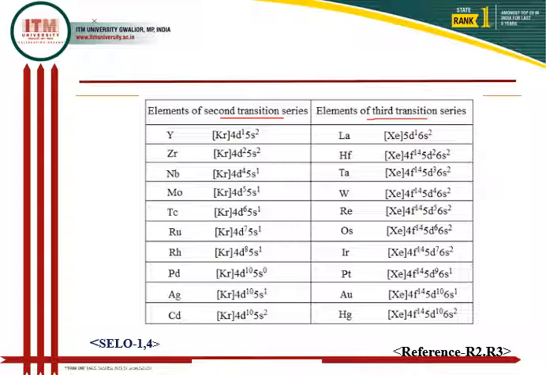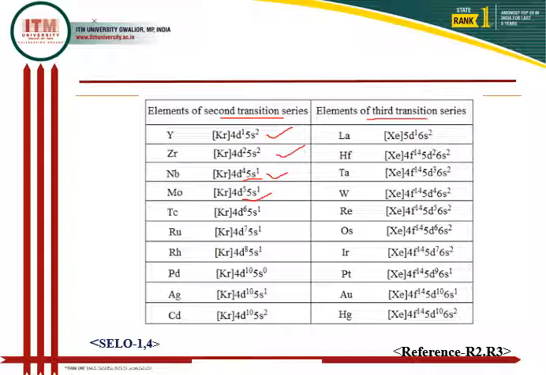Yttrium has the valence electronic configuration 4d1, 5s2. Then zirconium has, in order, 4d2, 5s2. Then we have niobium, which has one electron in the outermost shell, 4d4, 5s1. Molybdenum is 4d5, 5s1.